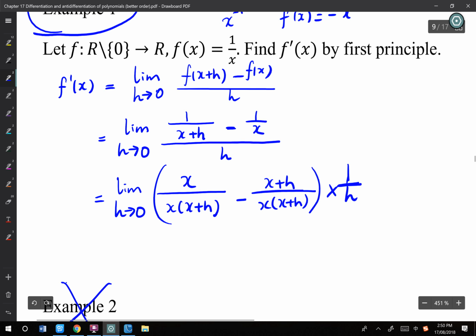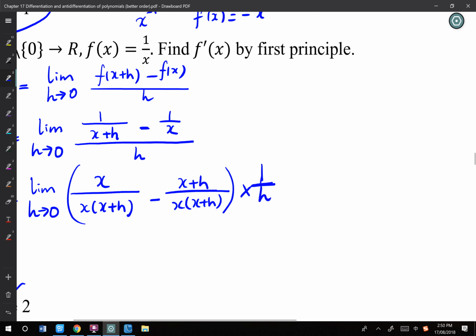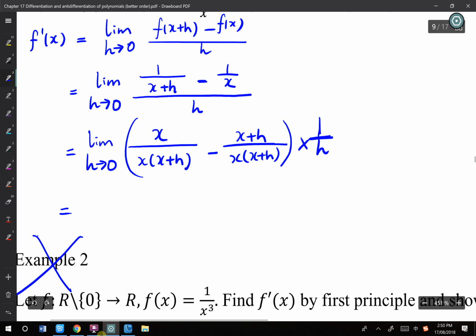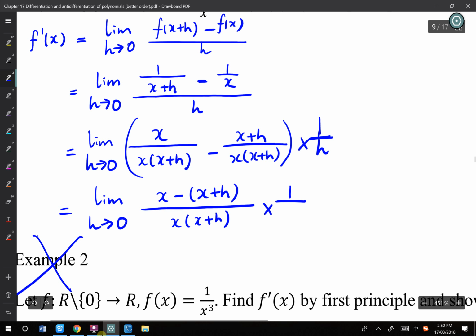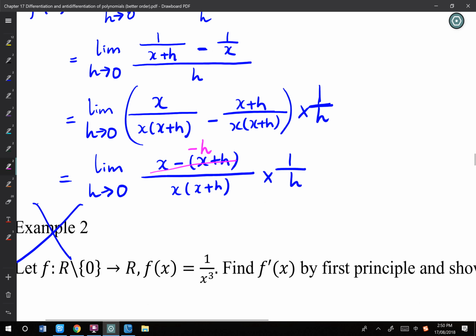The numerator is x minus this, which becomes x minus x minus h, so I have a minus h on the numerator.